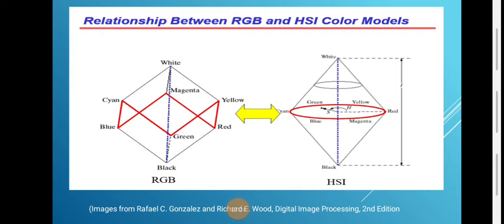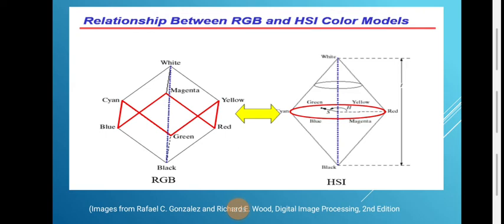This is the center plane, a red to blue plane. When we move the center plane along the black and white axis, we obtain different gray level values. The second graph is the hue and saturation in the HSI model.